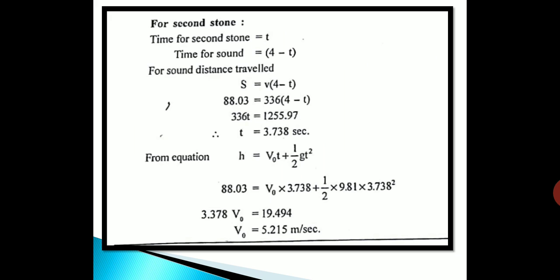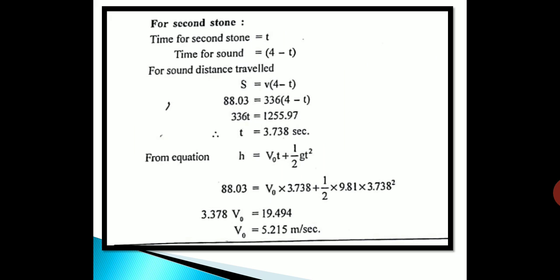That means if we throw the second stone with an initial velocity of 5.215 meters per second, then we will hear the splash after 4 seconds. Whereas when the stone is free falling, that is with zero initial velocity, the same splash noise we hear after 4.5 seconds.